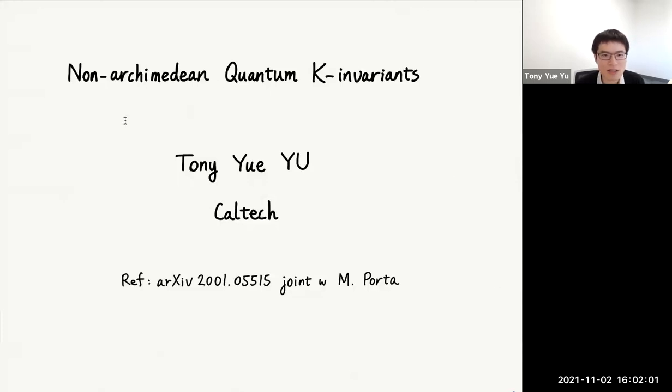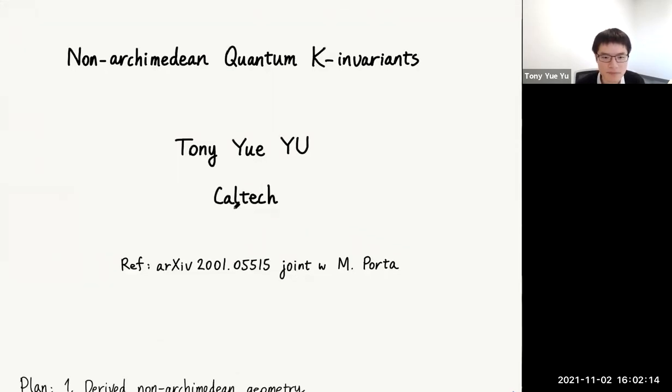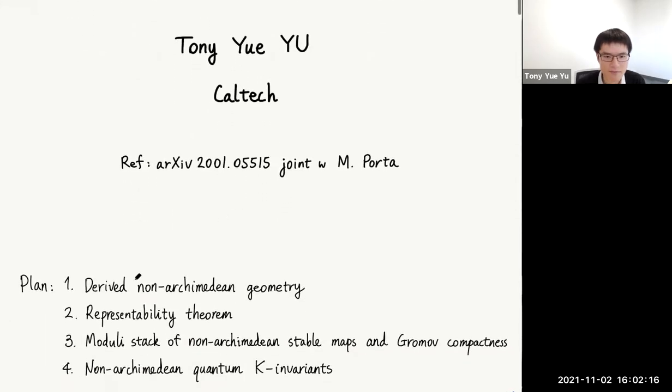The title of my talk is Non-Archimedean Quantum K-invariants. It's joint work with M Porta. So here is the plan of my talk. I'll start by introducing derived non-Archimedean geometry, and then I will explain the representability theorem in this setting.